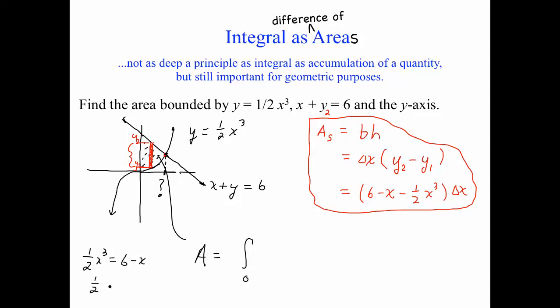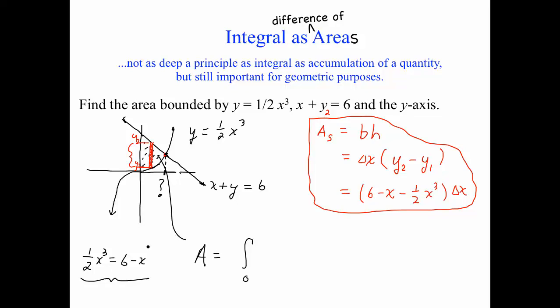I can move that x over to the other side, so 1/2 x cubed plus x. If it's linear or quadratic, you should be able to solve that algebraically. But we have a cubic, so we need something else. You could find that point with technology. This is not a quick and easy solve by hand, so it would be appropriate to use your graphing calculator to solve that.